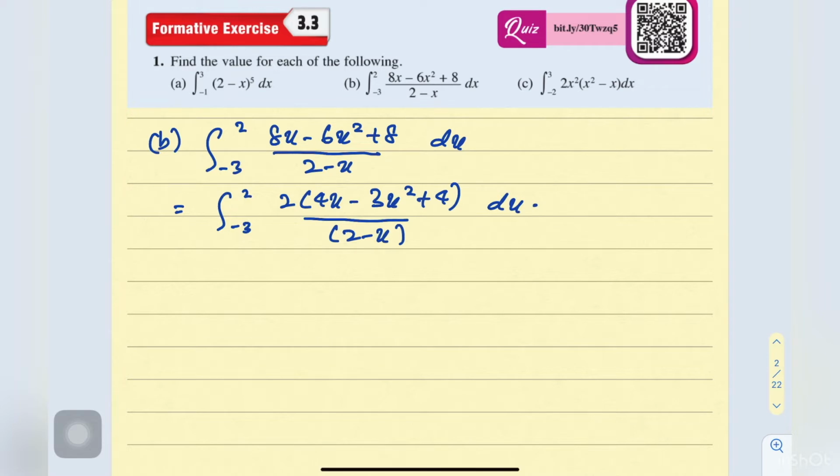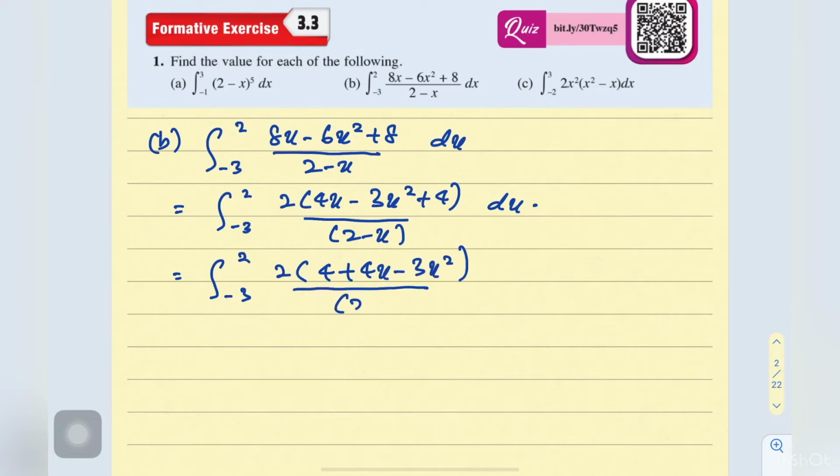Okay, this one we can factorize, otherwise we rearrange first. So 4 plus 4x minus 3x squared over 2 minus x dx.